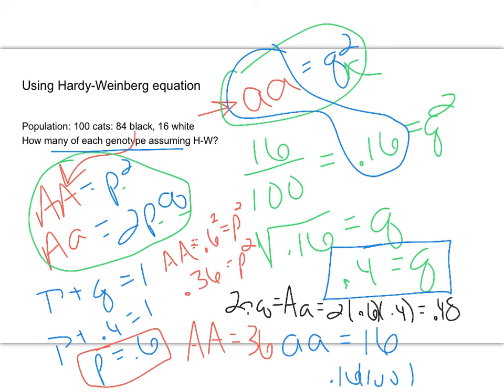So I know then for the heterozygous genotype, there are 48 cats. And I can check this using my p squared plus 2pq plus q squared equals 1 equation. When I add up all those frequencies, they should add up to 1.